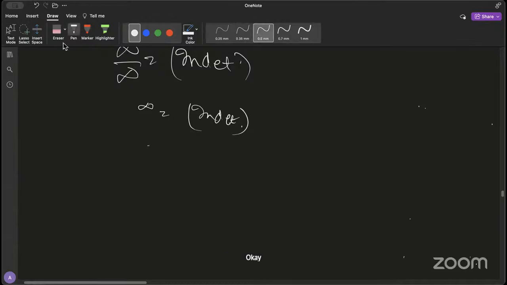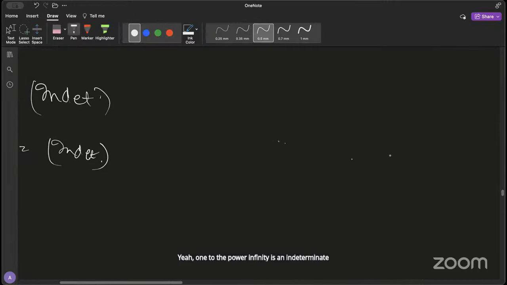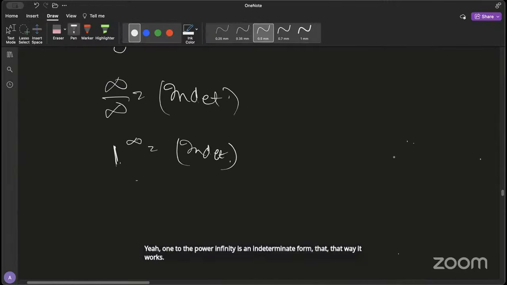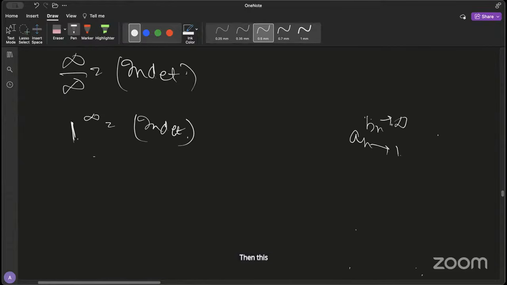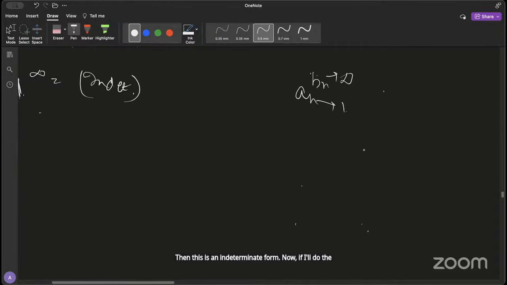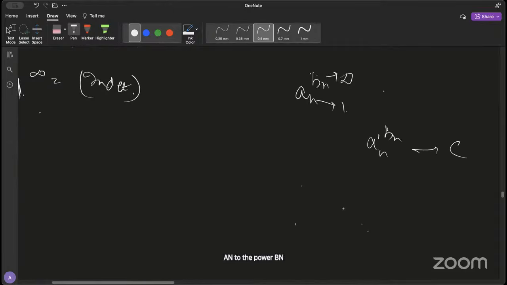Okay, I don't think this is not, 1 to the power infinity, I guess, is an indeterminate form. Yeah, 1 to the power infinity is an indeterminate form. That way it works. If you have an going to 1 and bn going to infinity, then this is an indeterminate form. Now, if I do the same thing here, I'll have an to the power bn going to c.